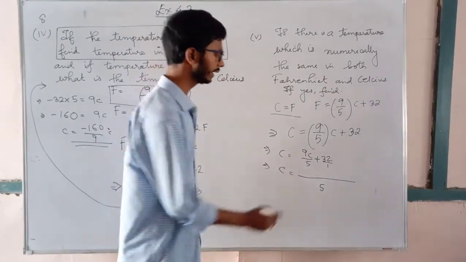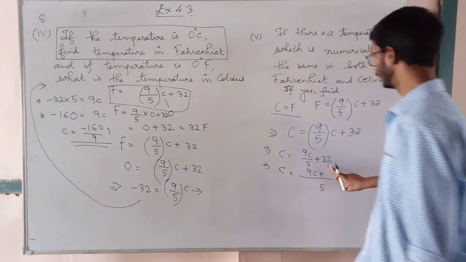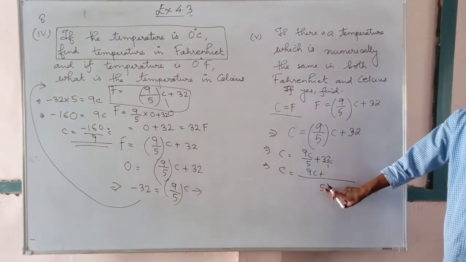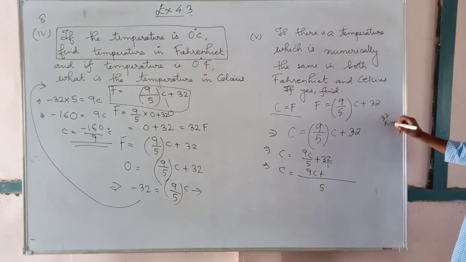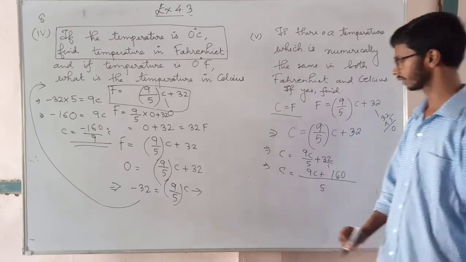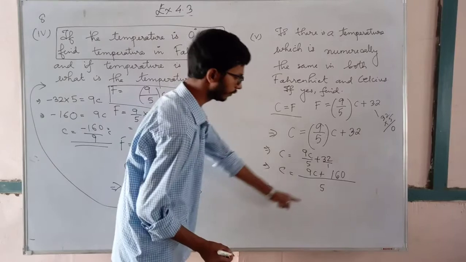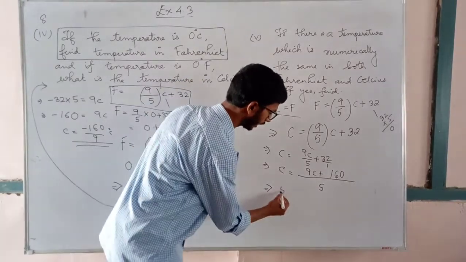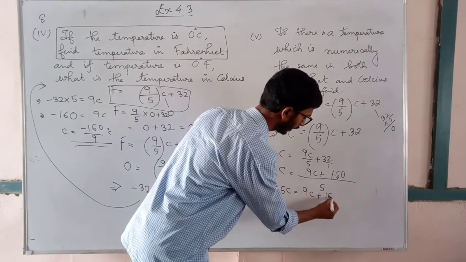5 ones are 5, 1 time. So 1 into 9C is 9C plus, 5 times 32: 5 twos are 10, carry 1, 5 threes are 15 plus 1 is 16, so 160. So 5 into C will give you 5C equal to 9C plus 160.